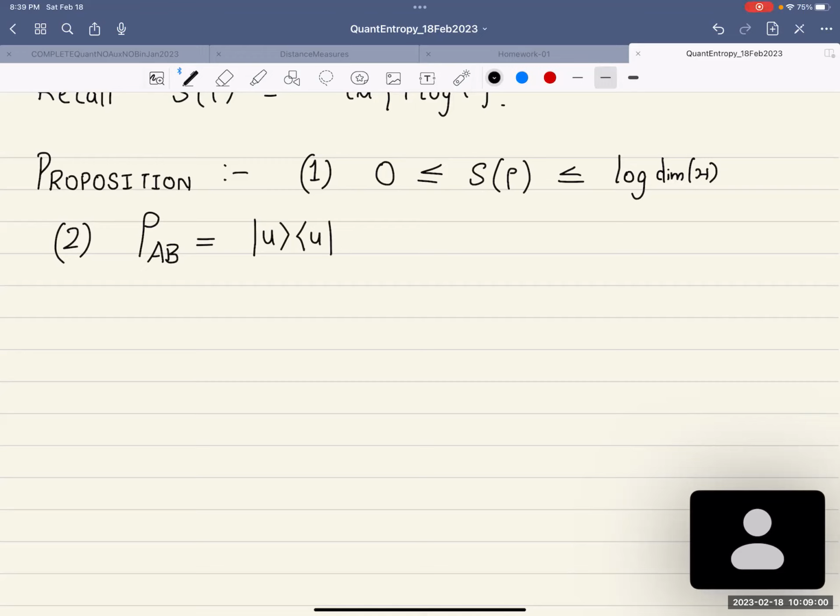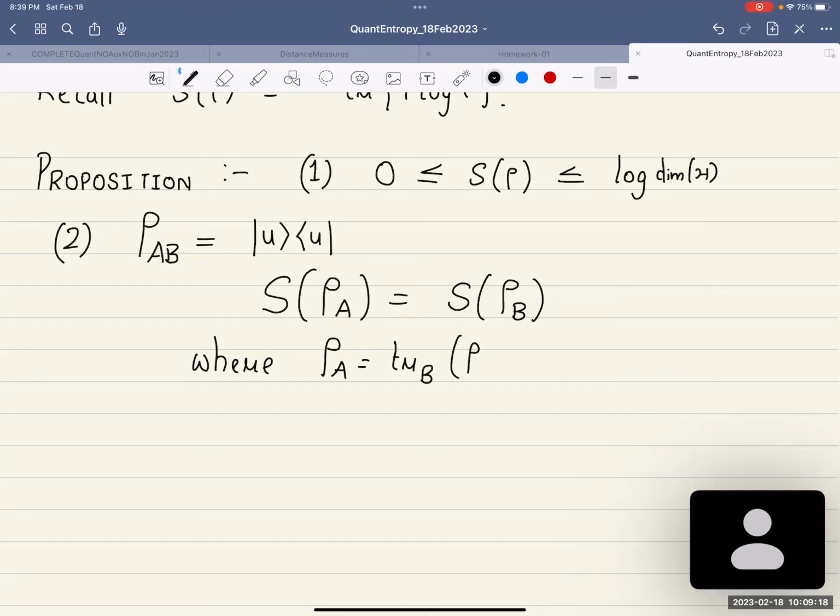Okay, suppose my joint state is pure, then the entropies of each of the components are identical. Very interesting.